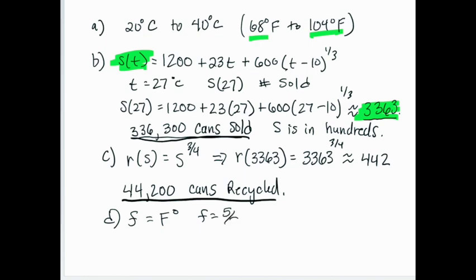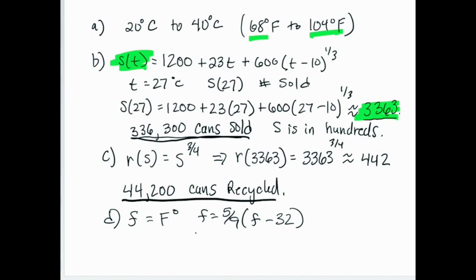And that function is going to be 5/9, and we're going to take Fahrenheit, whatever our degrees in Fahrenheit is, and subtract 32. That's what we're going to plug into our S of T. So now we have 3 functions that we're plugging in.